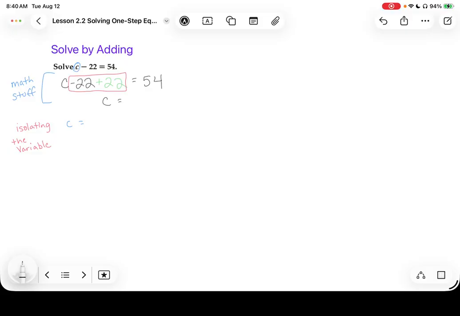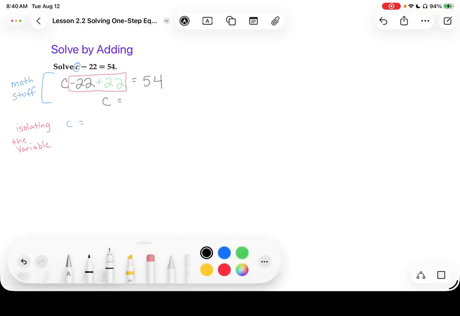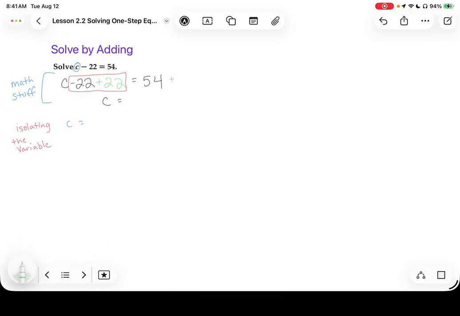And you're right, I cannot just do plus 22 on the left side of this problem any more than I could just cross out the minus 22. I'm not allowed to do that unless I also do plus 22 over on the other side of the equation. If I do plus 22 over on the other side of the equation, now I have kept the equation balanced. In other words, what I have done on one side of the equation, I have also done on the other.